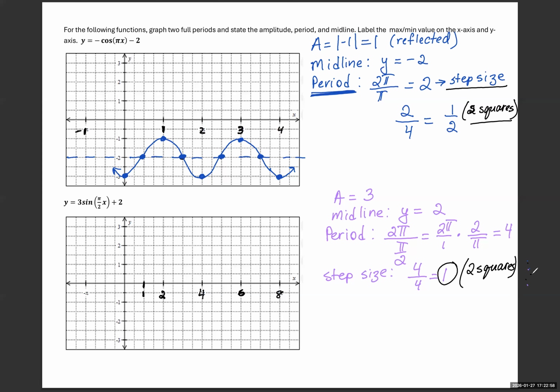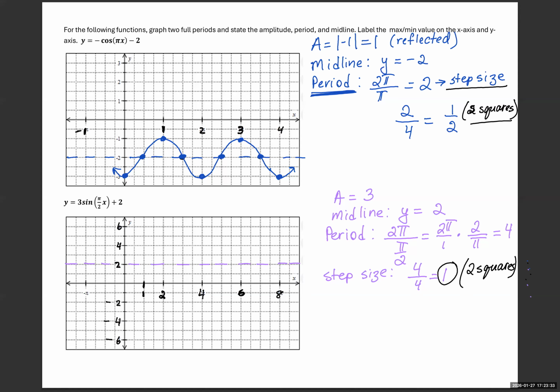So we'll go ahead and switch this to be 2, this to be 4, and this to be 6, and the same in the negative direction: -2, -4, -6. Now, if I put my midline right here at 2, then my amplitude is 3, so I'm going to have a function that's 3 tall from that spot.